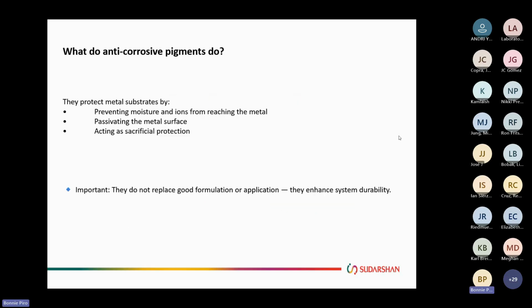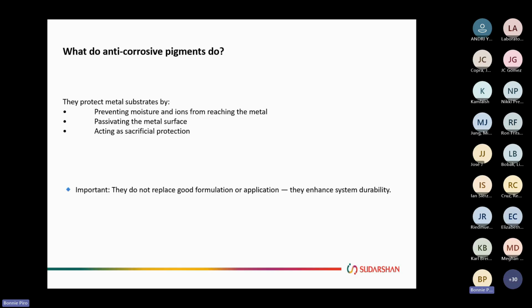So what do the anti-corrosive pigments do? They are there to protect the metal substrate, and there are several ways of doing that. They prevent moisture from reaching the metal. They also passivate the metal surface so that it doesn't accept the moisture.